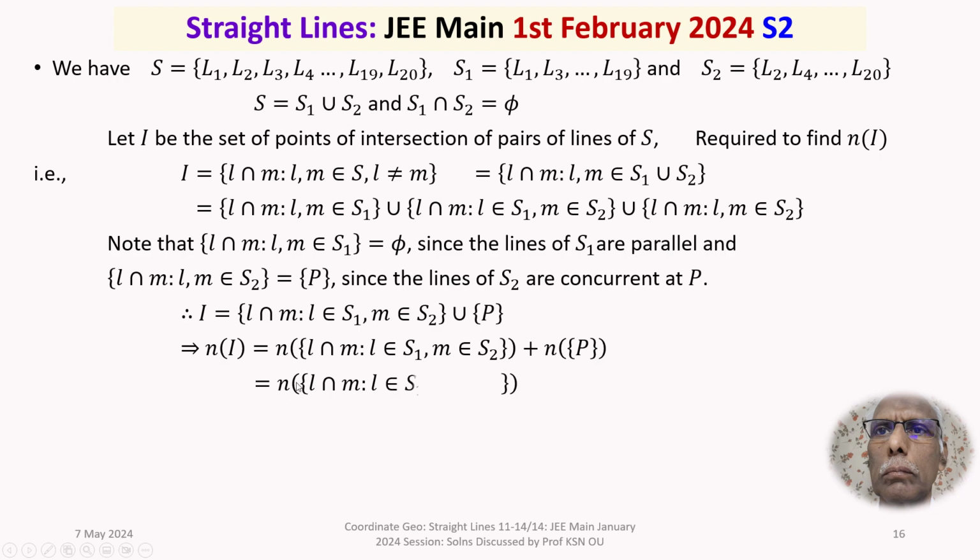And n of the second set is 10 into 10, because L from S1 and M from S2, we have already seen n(S1) into n(S2), that is 10 into 10. This is plus 1, so 100 and 1. So n(I) is 101. That's how rigorously you can show that it is 101. That is the argument. The answer to this question is of integer type. Therefore, the answer is 101. That is the detailed discussion of the solution of this problem.